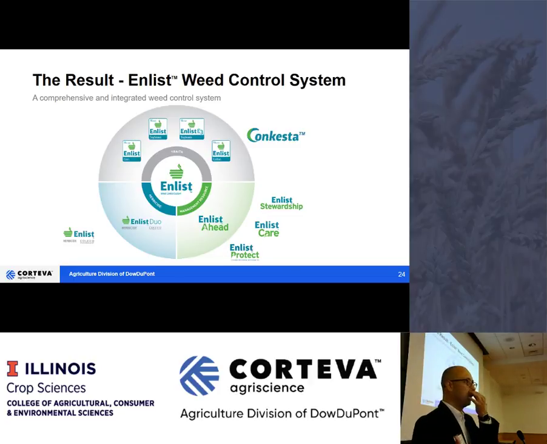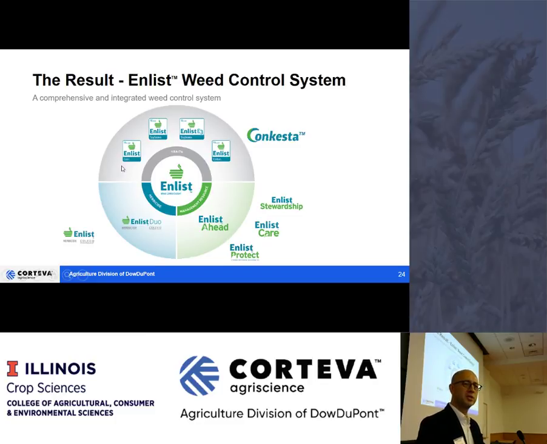And so there's a whole platform that has been developed, and it's not only about the trait, and it's not only about the chemistry, and I'm going to try to explain that in a few words here. What you see here is the model of what we call the Enlist weed control solution.